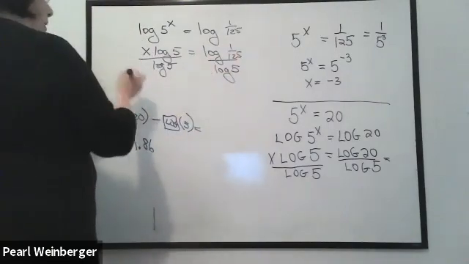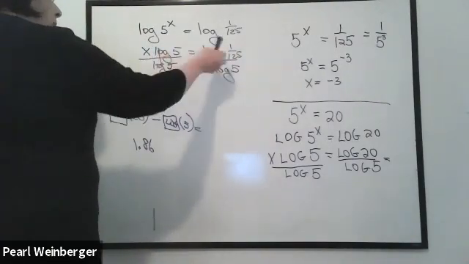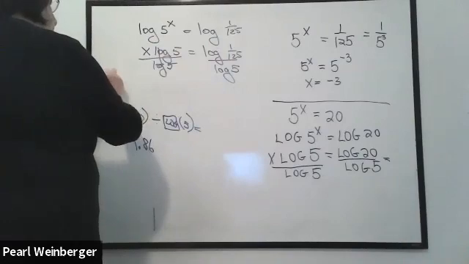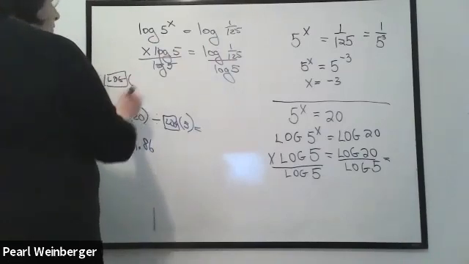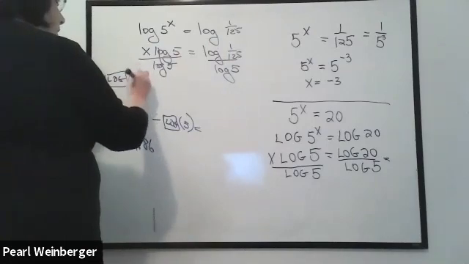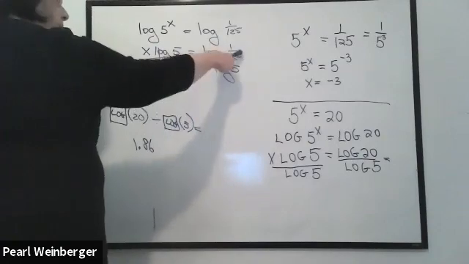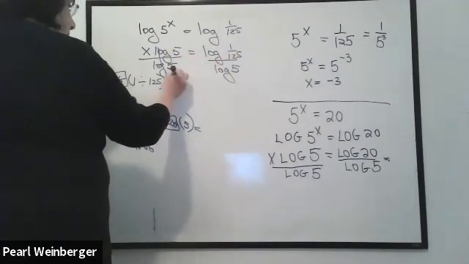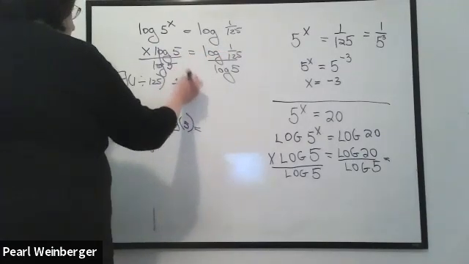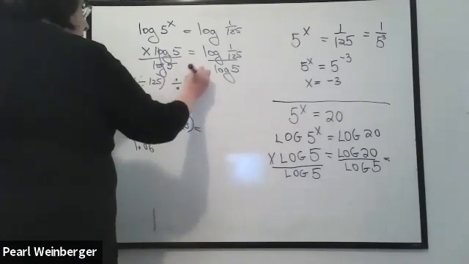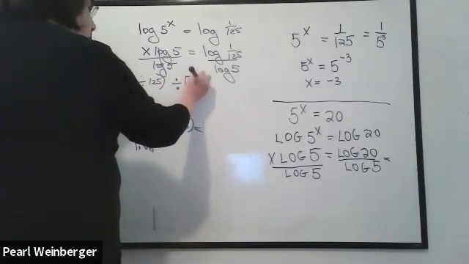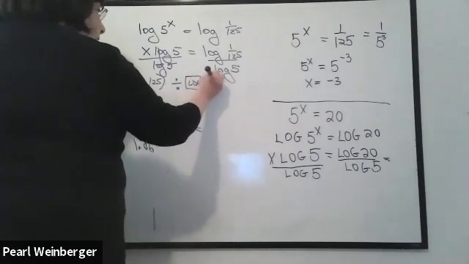And again, in my calculator, I press my log button. Here's my parentheses. I do 1 divided by 125 and close that parentheses. That gives me the top. Then I divide and I do, again, my log button, and I put in my 5.